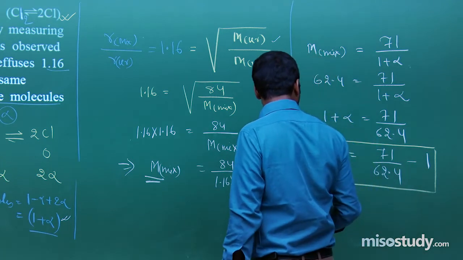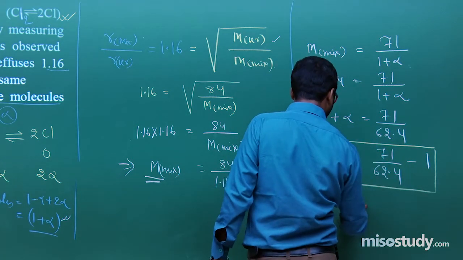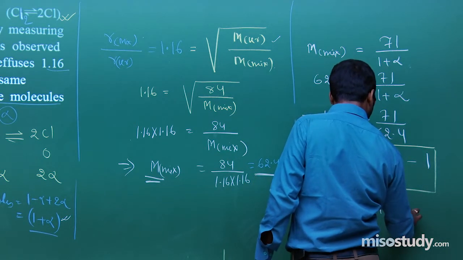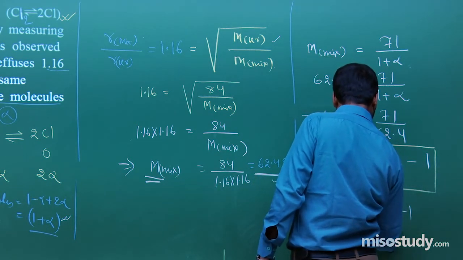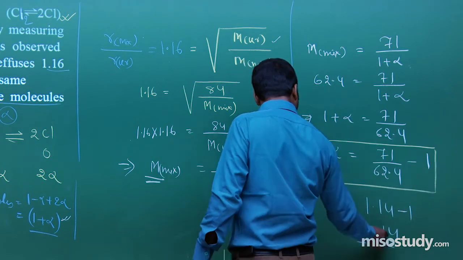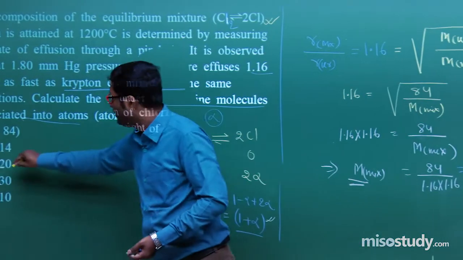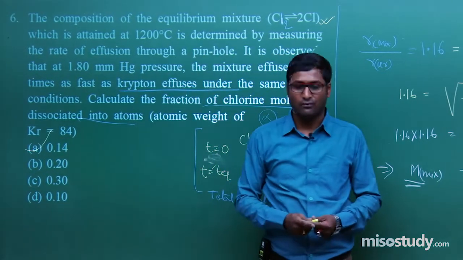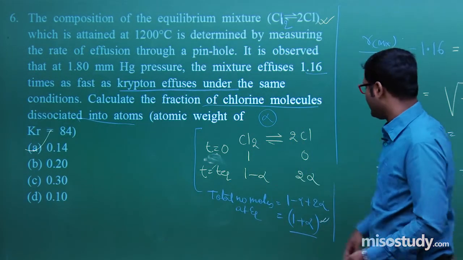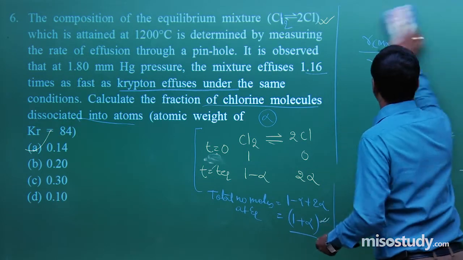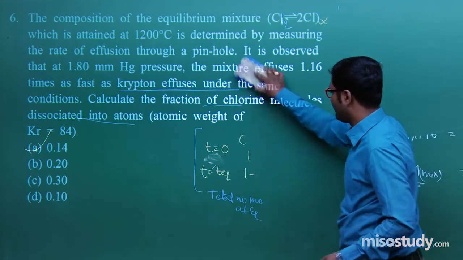After solving, we will get the value around 1.14 minus 1, that is we can say the value is 0.14. So in this case the value is 0.14. Clear to you? I think now you can easily solve such kind of question. Now I am going to rub this part and move to the next question. Wait for a moment.